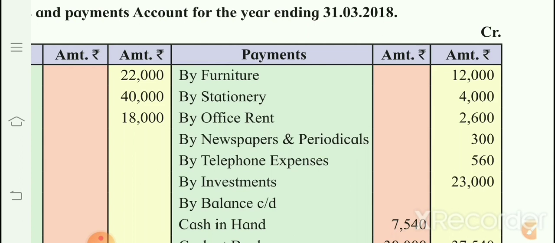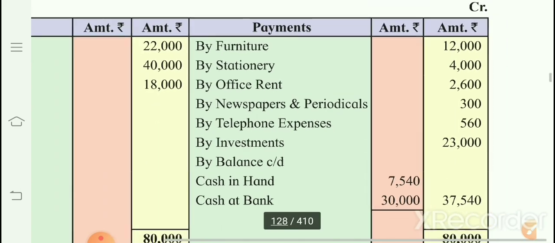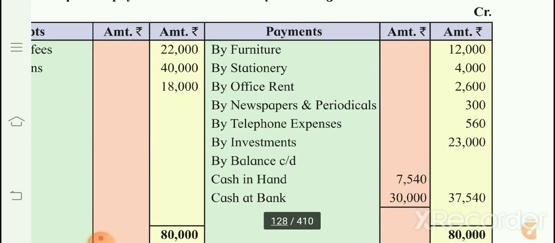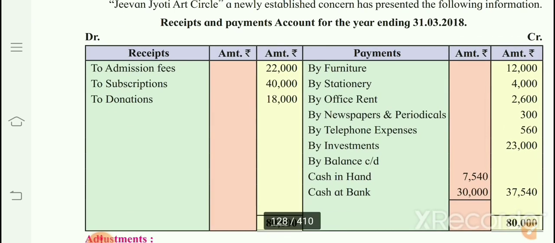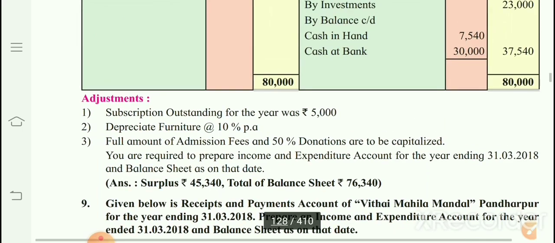Furniture depreciation 1,200 will be deducted and remaining amount will appear on outer column, that will be 10,800. Second effect, as such depreciation is the loss for the firm, that's why it will be recorded on expenditure side of income and expenditure account by rupees 1,200.